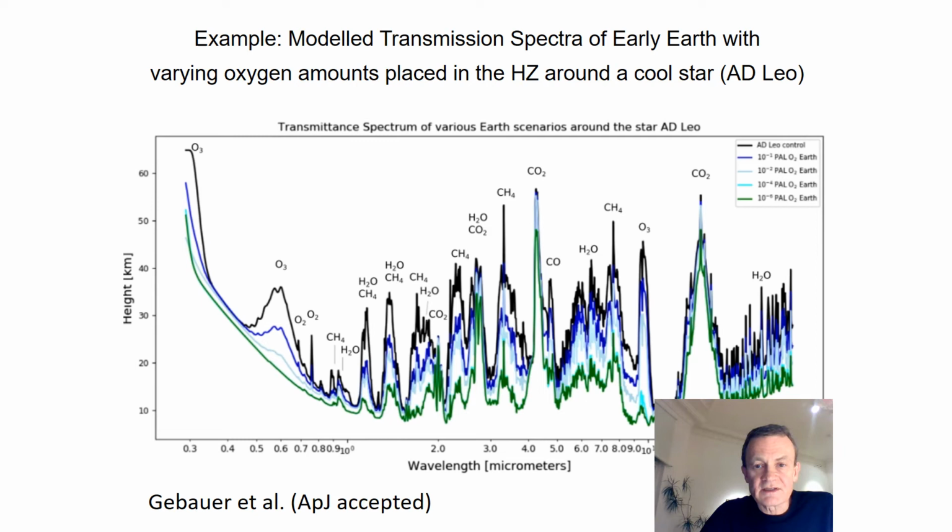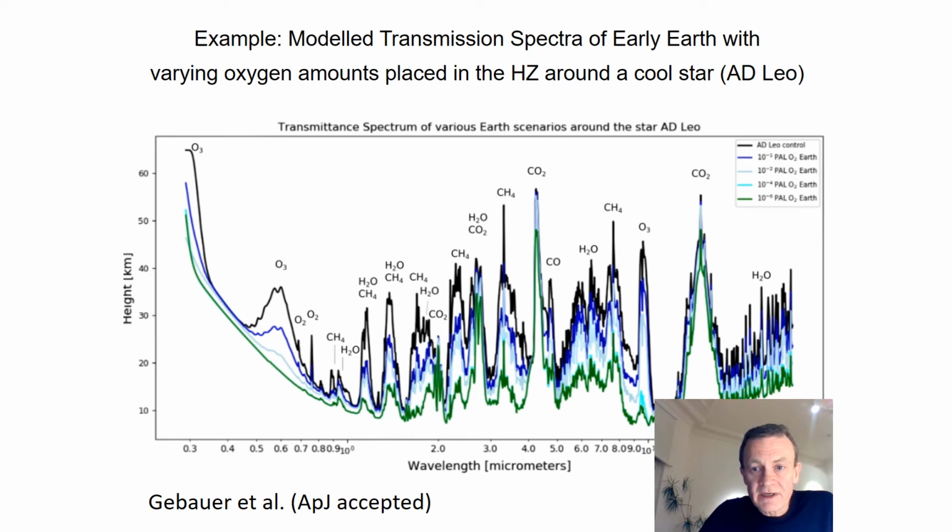We do this because these stars, for various reasons, have favored signals. It's easier to measure the signals. Spectroscopic signals are larger. The different lines show the different assumed oxygen levels, so different oxygen levels during Earth's evolution.